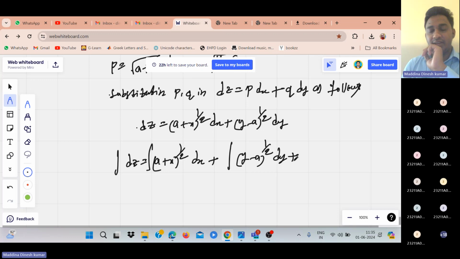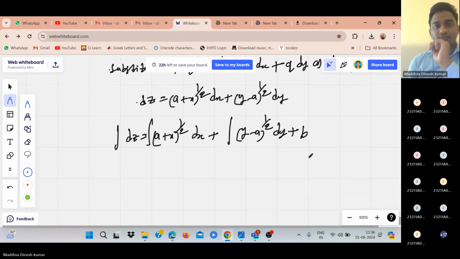It is an indefinite integral, so some constant will come. Generally, we will write it after completion of integration. If you write it initially also, no problem. I am going to write that constant as b. Generally, we will write c. Here I am writing b. It's just a constant. It doesn't matter whether you write b or c.